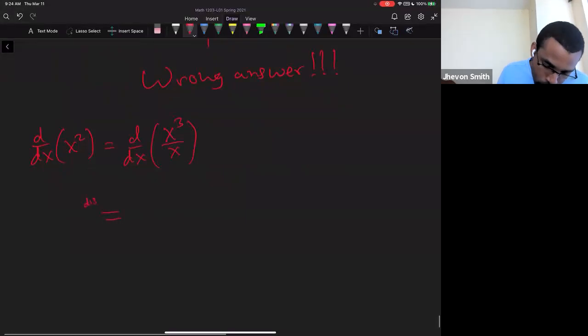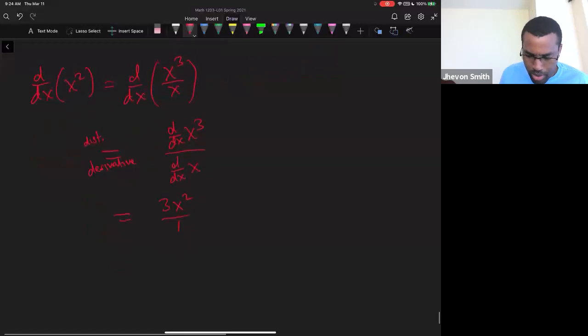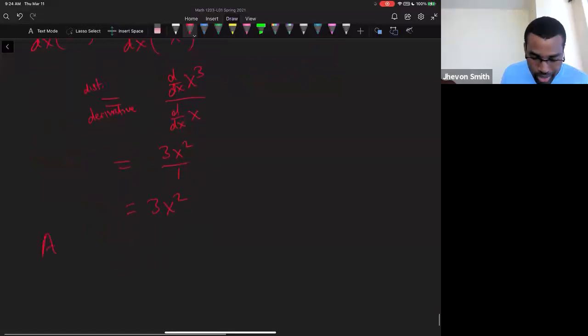Now, if we distribute the derivative, that would be the derivative of the top divided by the derivative of the bottom. That would give you 3x squared over 1, which is 3x squared. Again, wrong answer.